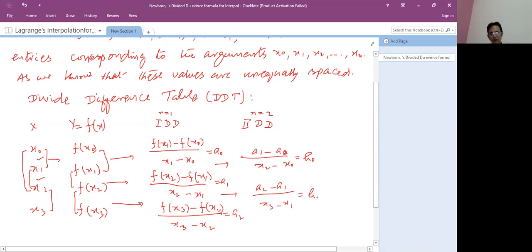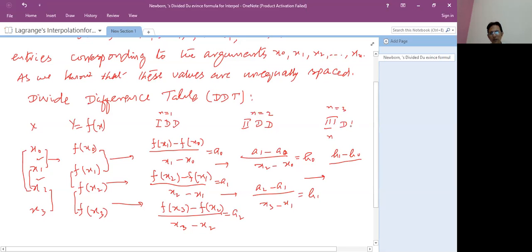We call it b1. Now for the third DD, student, we find b1 minus b0 whole divided by x3 minus x0, the last term. So n is equal to 3.